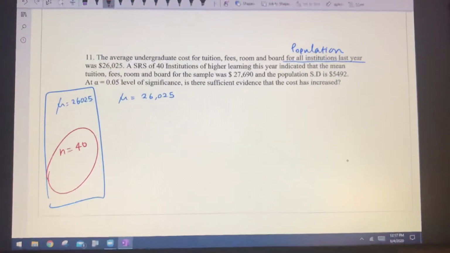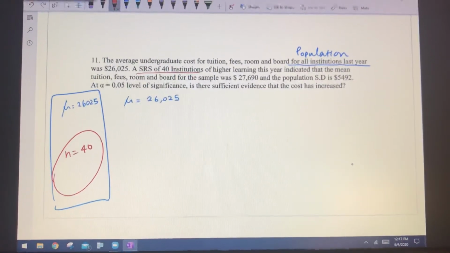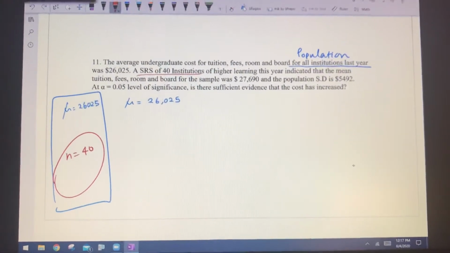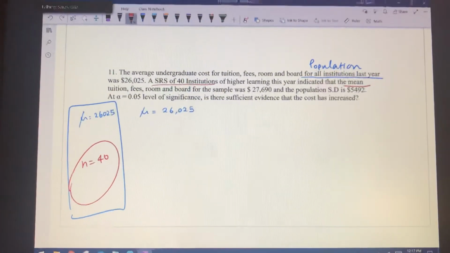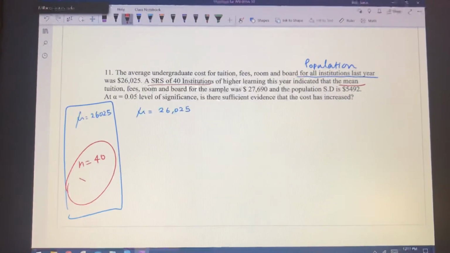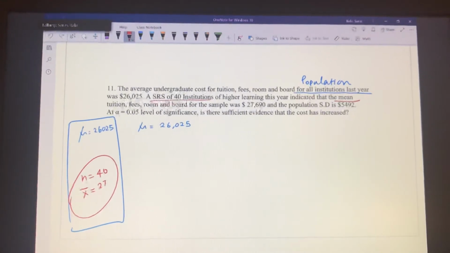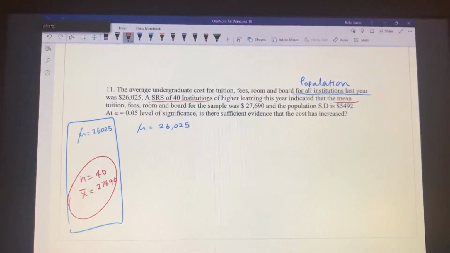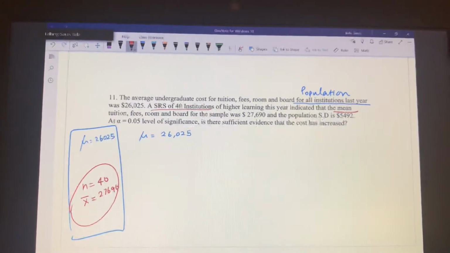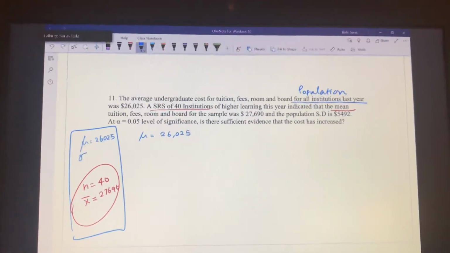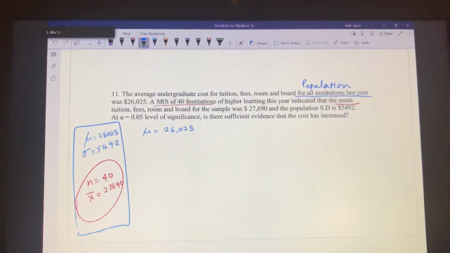A simple random sample of 40 institutions is selected from the population under study, and the sample mean, coming from the 40 institutions, is 27,690. You are given another number, the standard deviation coming from the population, which is 5492.